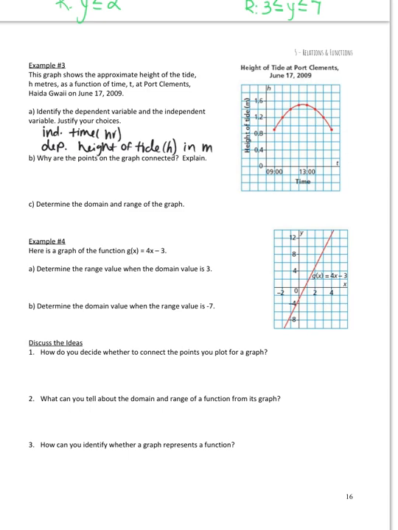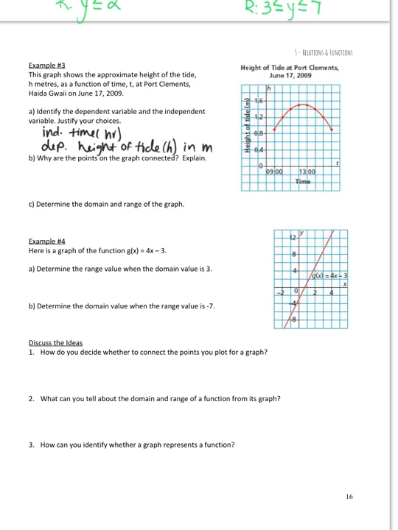Why are the points on the graph connected? Well, if I look at the data plotted on the x-axis, time can be a decimal value. We know that there are pieces of time between 9 and 10, 10 and 11, 11 and 12, 12 and 1. All right. So time is continuous as a data set. The height of the tide is also continuous. It creeps up slowly.